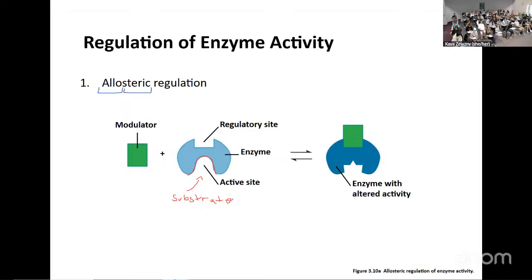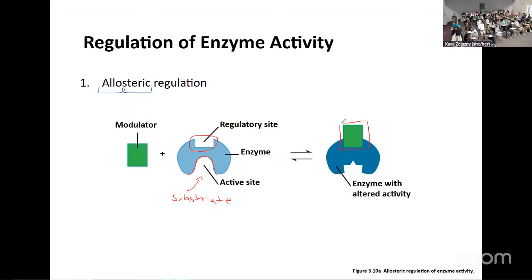At the active site, the substrate is binding and the reaction is being catalyzed, but we also have this regulatory site on the other side. The square regulatory site on the top is where we see this modulator binding in. So this is our modulator bound to the enzyme.